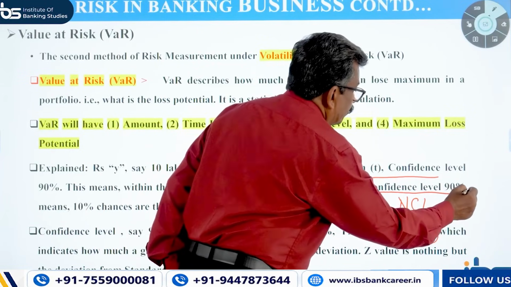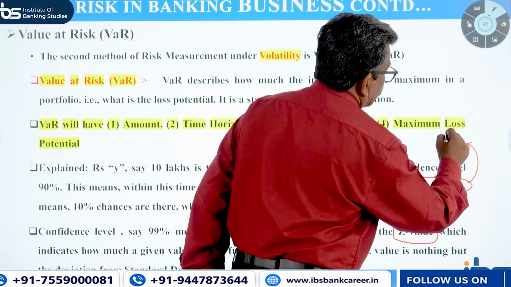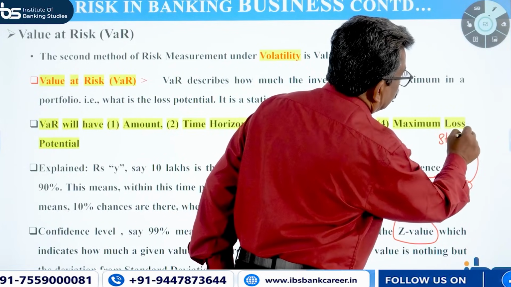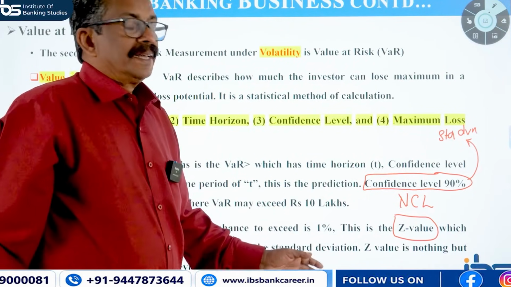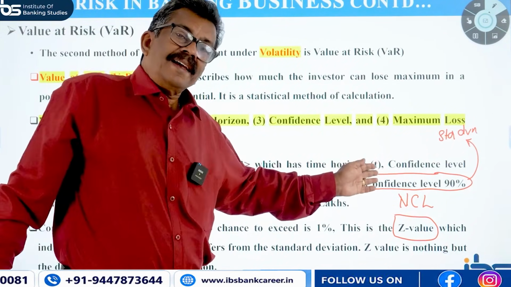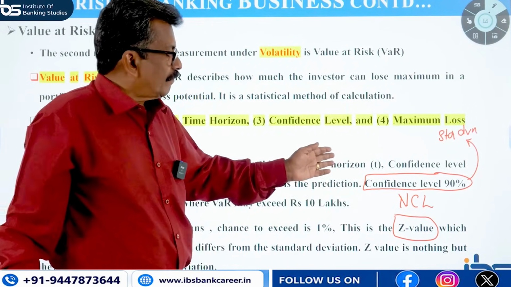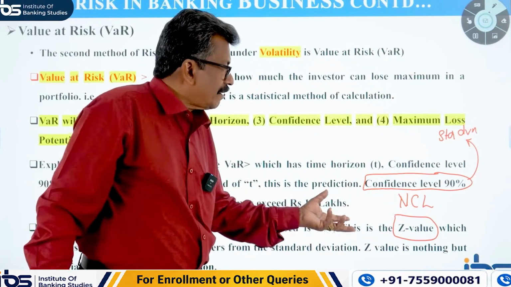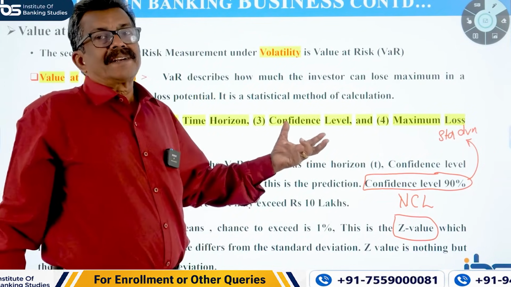Confidence level 90%, what is this? This is nothing but the standard deviation. That means your investment may face a VaR, value at risk, of 10 lakhs at 90%. That is the standard deviation.